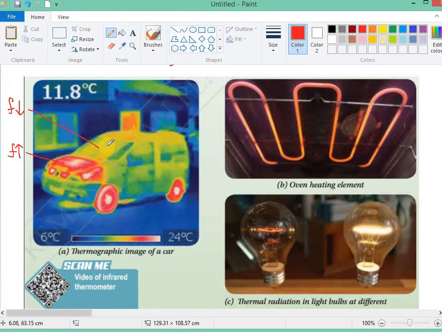So this picture is for the convenience of normal people that don't study physics, so that they can easily identify which part has higher temperature and which part has lower temperature. You get the idea?